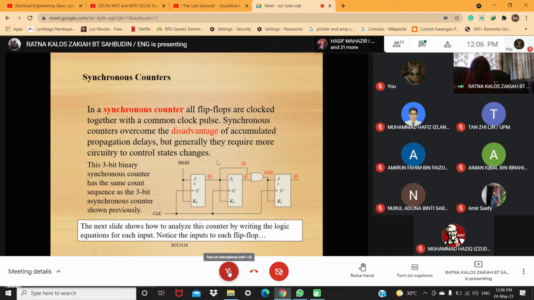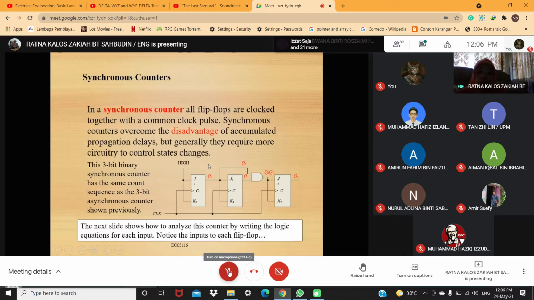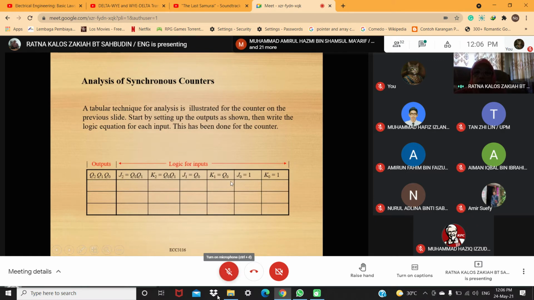Okay, that is for example here. So J0, K0 is from there. It's from this equation here. So here this is always high. J0 and K0 are connected to high. That's why J0, K0 is always high here.